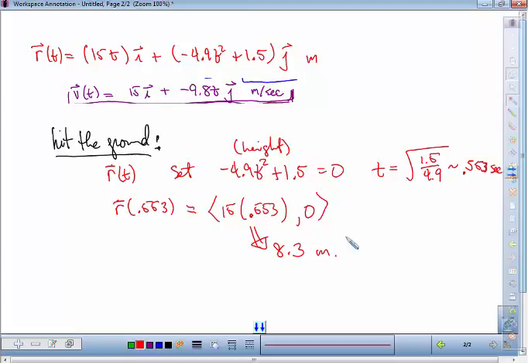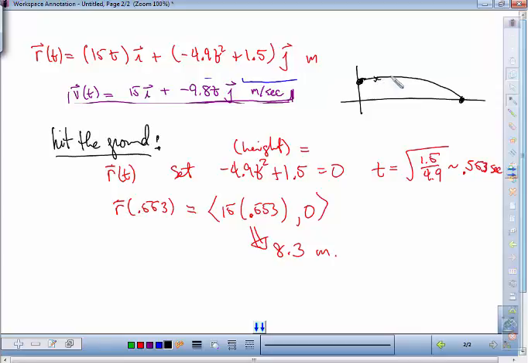Yes? Why are we using just the negative 4.9t squared? Because this gives us the height. So this gives us our position.